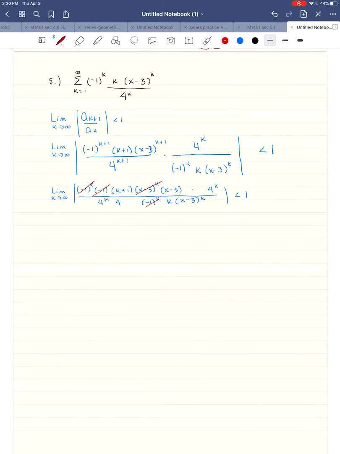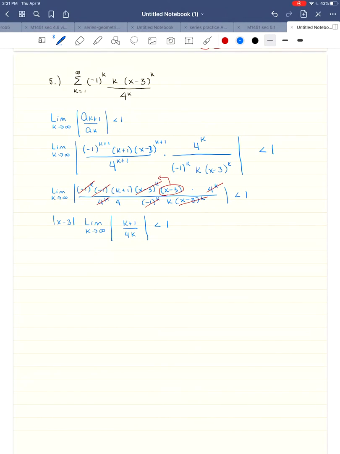Let's see, I've got (x-3)^k. This x-3 is going to come outside with the absolute value bars. Then we've got the 4^k. So all that's going to be left inside, I'm going to put the x-3 out here. Everything that deals with k stays in here. So I've got a k+1 on top and a 4 times k on the bottom.